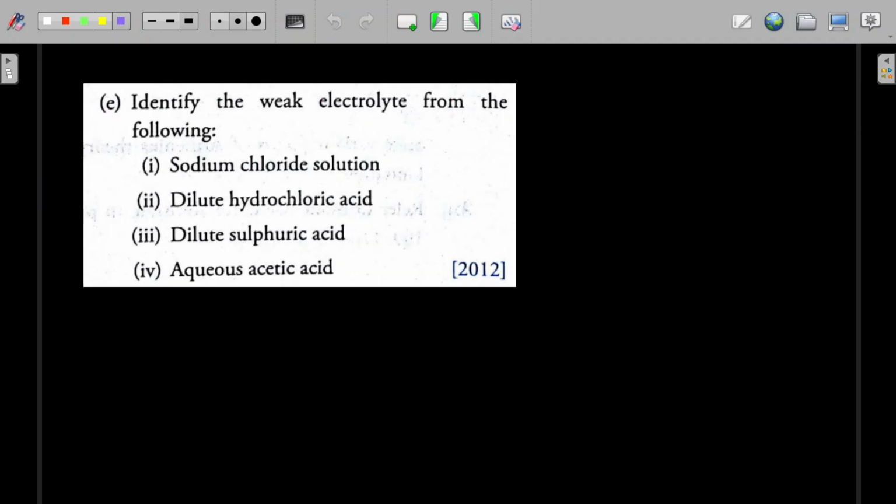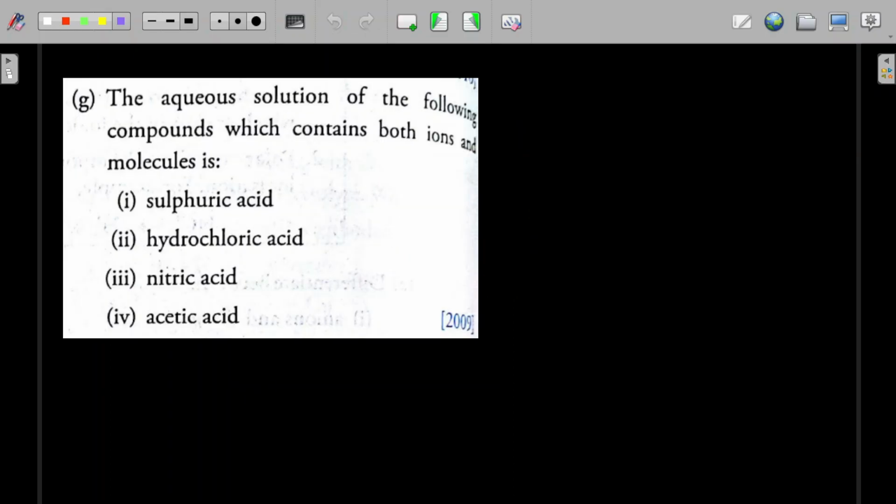Identify the weak electrolyte from the following. Aryan, tell me. Aqueous acetic acid. The aqueous solution of the following compounds which contains both ions and molecules. Dhruva?